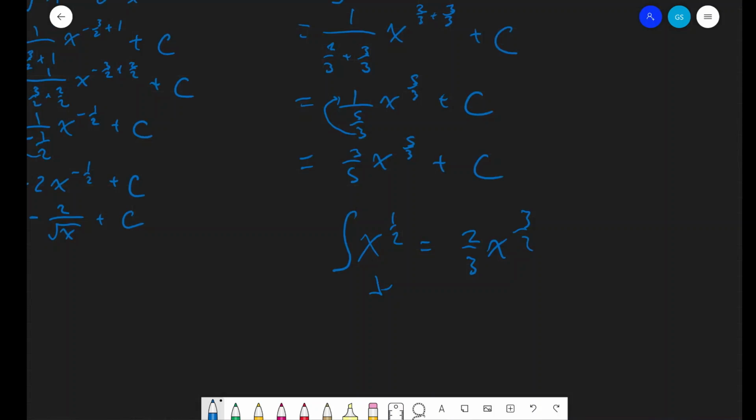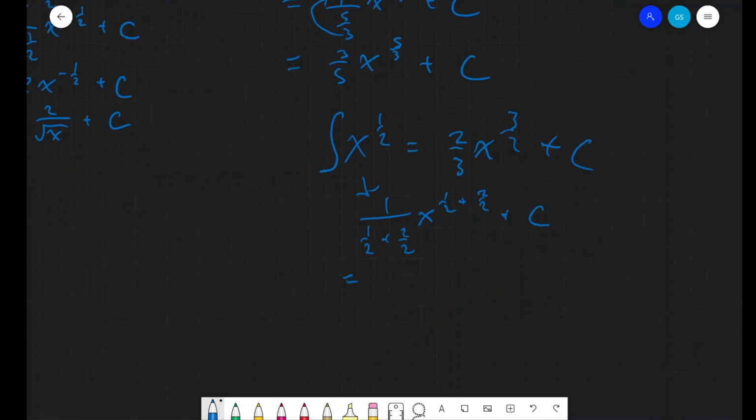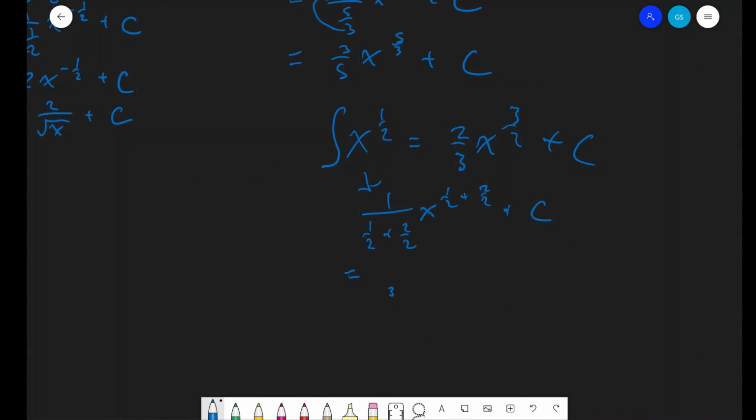If you apply the rule, 1/2 plus 2 over 2, 1 over that, x^(1/2 + 2/2) plus c. If I'm doing this correctly, that's 3 over 2, 1 over 3/2, x^(3/2) plus c. So then that becomes 2 over 3, x^(3/2) plus c, because this 2 here can just go up.